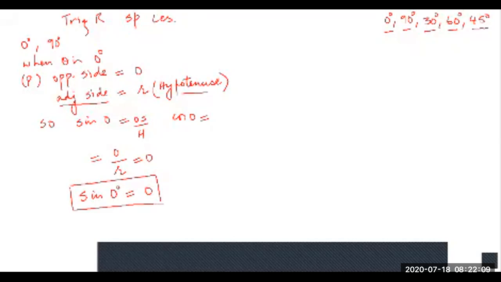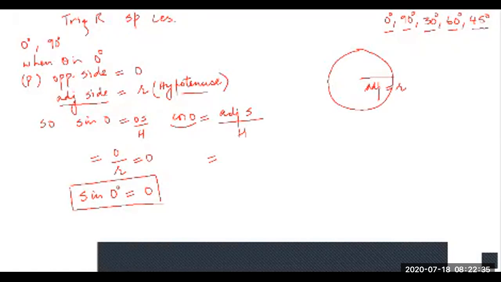At the same time, cos 0 is adjacent side divided by hypotenuse. When theta is 0, there is no theta. So my adjacent side becomes equal to r.